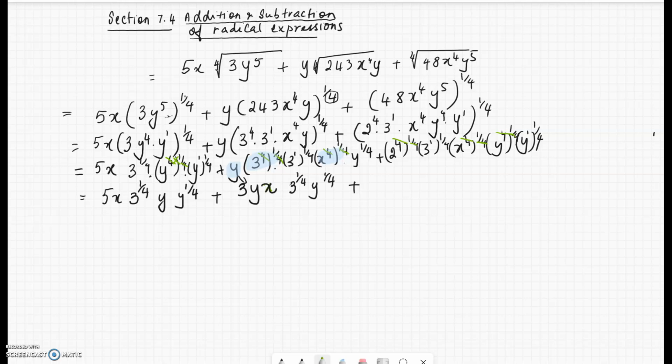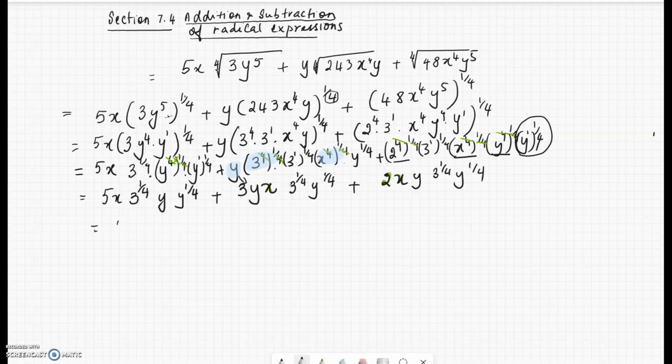So that's going to be 2x, so that's a 2, that's the x, and then of course the y, and then 3 to the 1/4, and then of course the y to the 1/4.